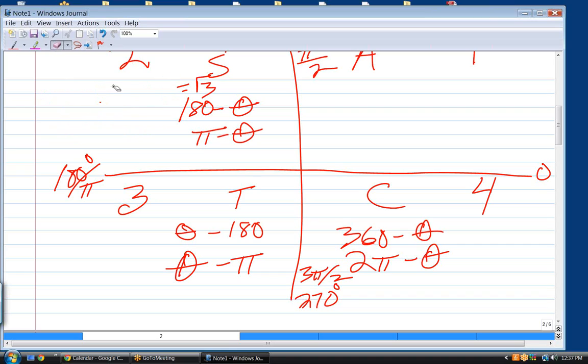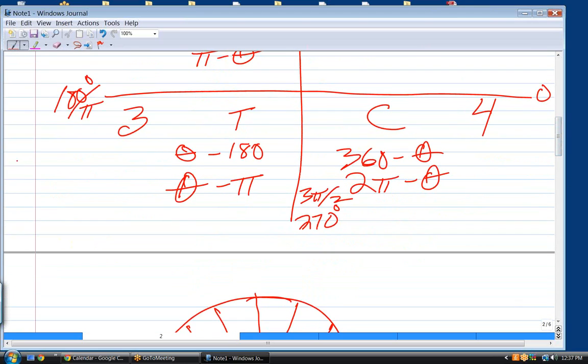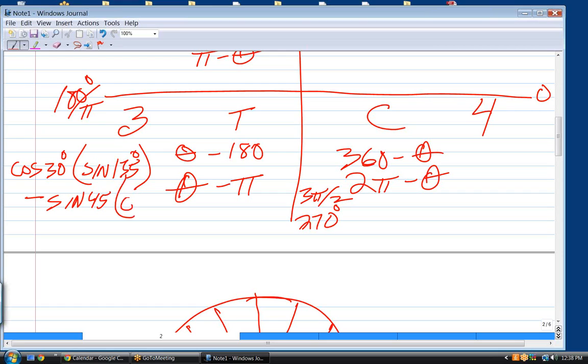Okay, what else you got? Let me work down here. I got a little more room here. Cosine of 30 degrees times sine of 135 degrees minus sine of 45 degrees times cosine of 210 degrees. All right.